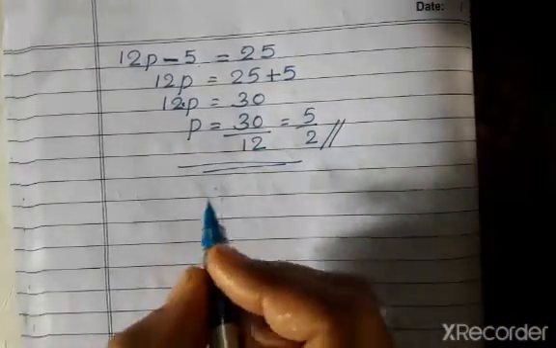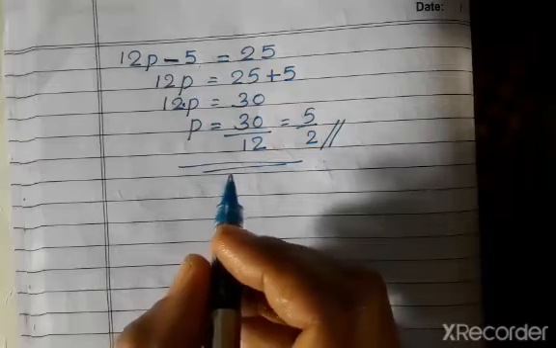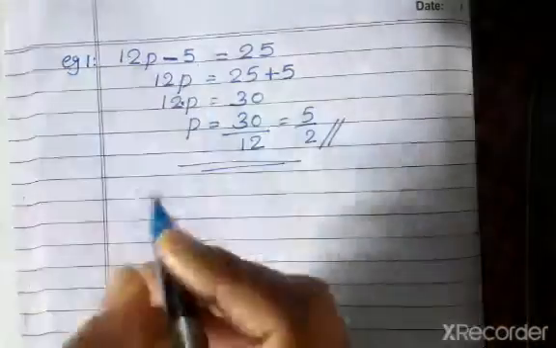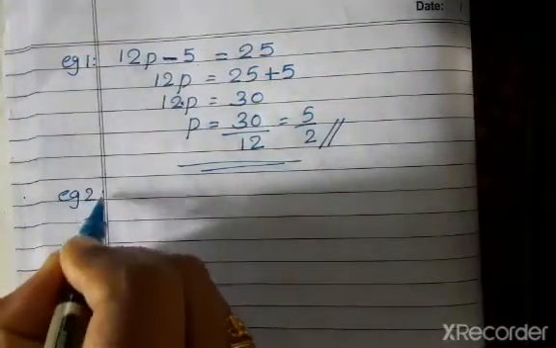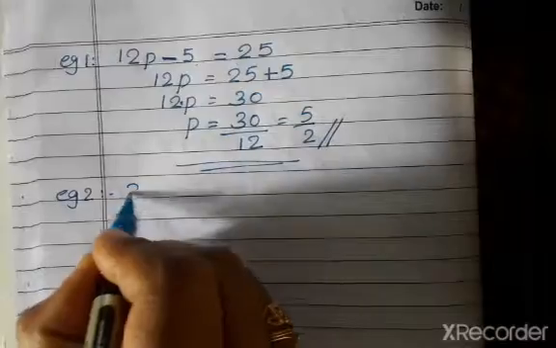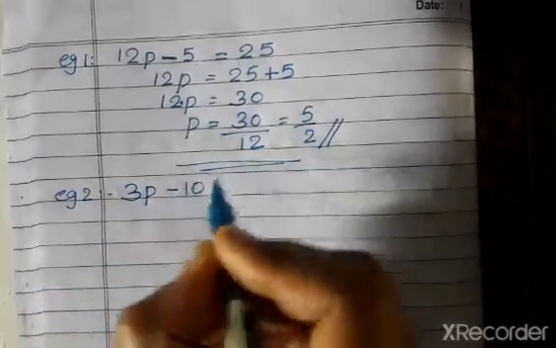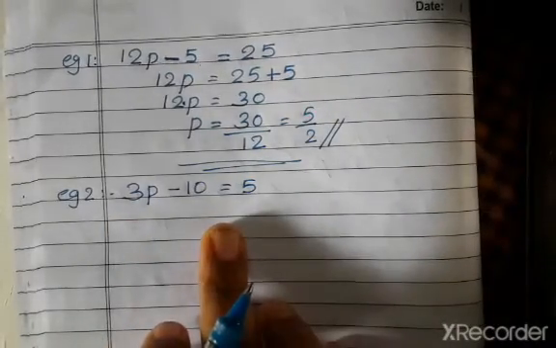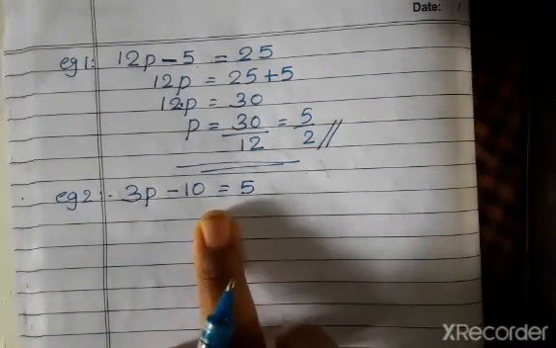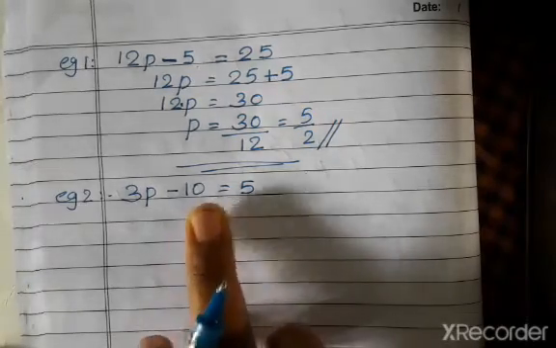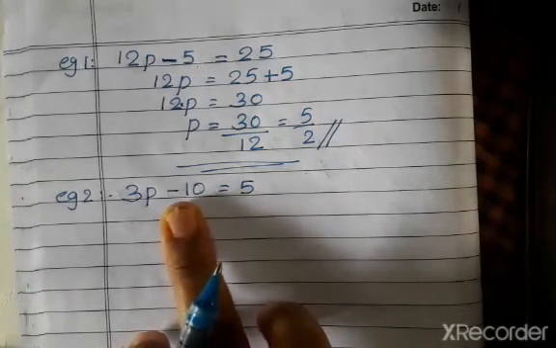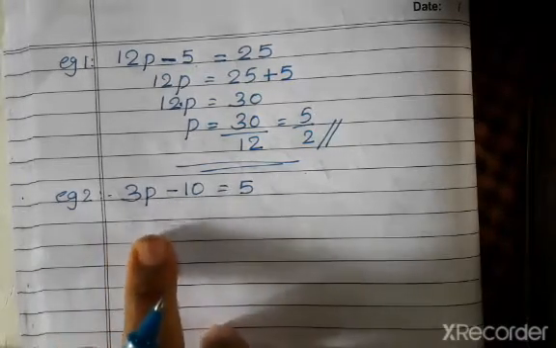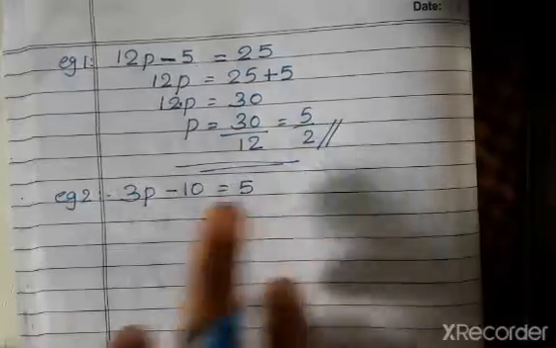Clear? Okay. So now I will show you another example question. Example 2, that is 3p minus 10 is equal to 5. We know by the step-by-step method we can add 10 on both sides to cancel 10 from this side, and then divide 3p by 3 and divide by 3 on both sides, isn't it?